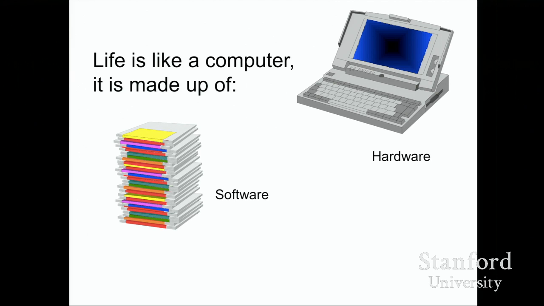Like stating that life is like a computer, it's made up of software and hardware. It's a sentence that's very easy to say now, and we all understand what it means, that there's a component in our body that's hardware, like proteins, catalyzing reactions, or the Calvin cycle, making energy out of sugar, right? That's all hardware.